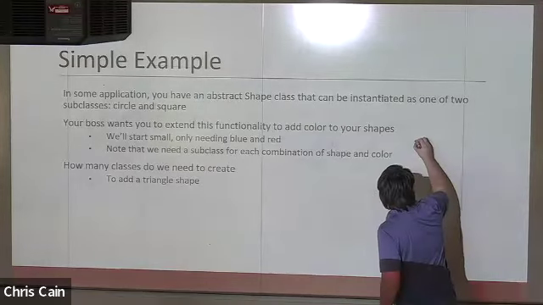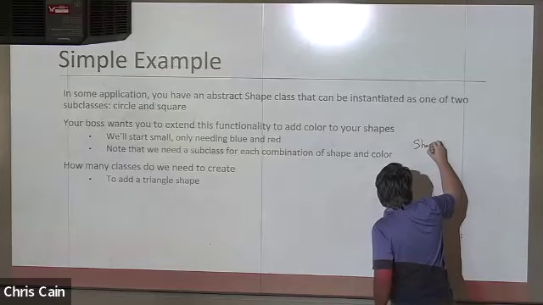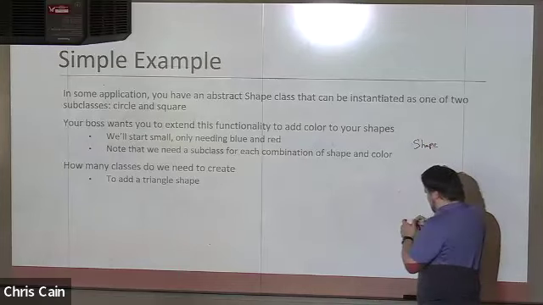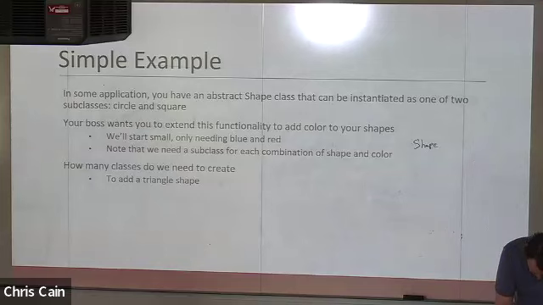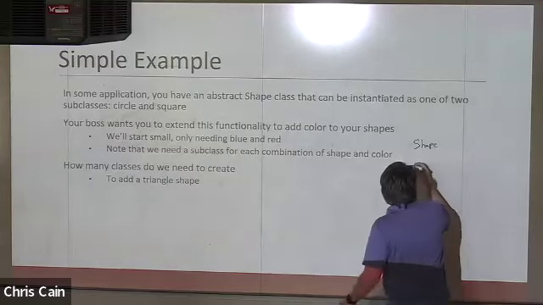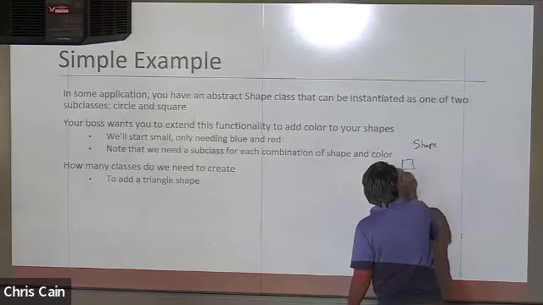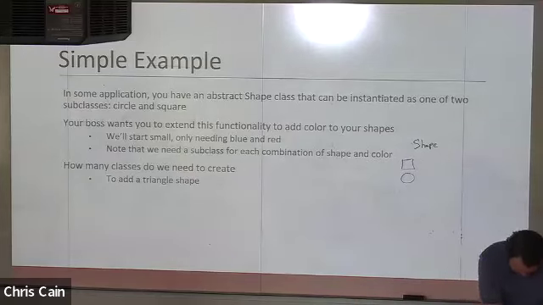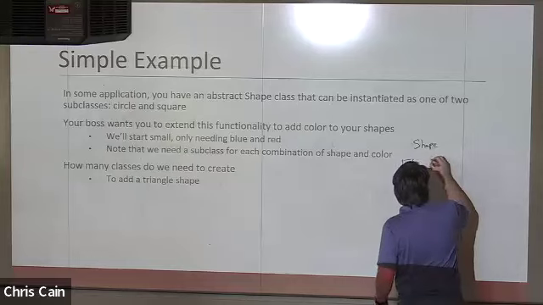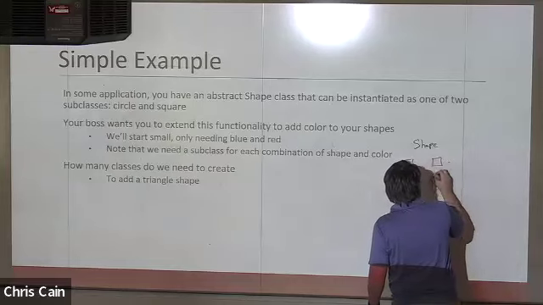So we have some shape superclass. And as subclasses of this, we have a blue square and a blue circle. And we have a red square. We have a red circle.